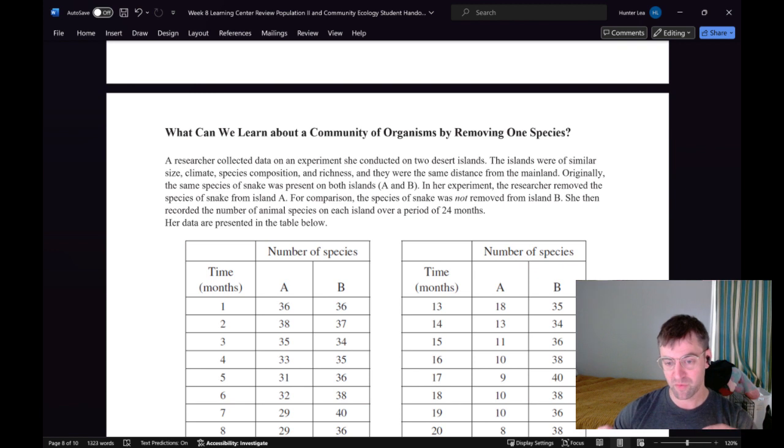So we're leaving the snake on one island, we're taking it away on the other, and then we're looking for the relative number of species, so biodiversity on those islands, and whether there's a relationship with the presence or absence of snakes.